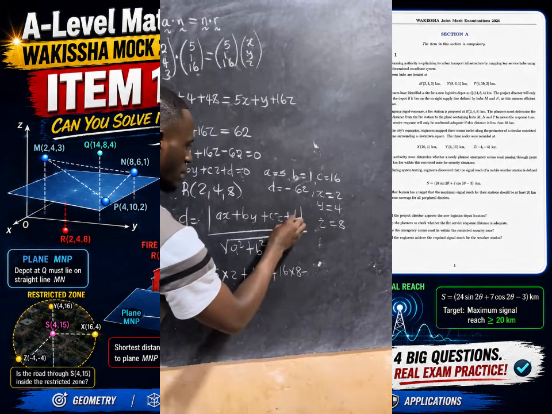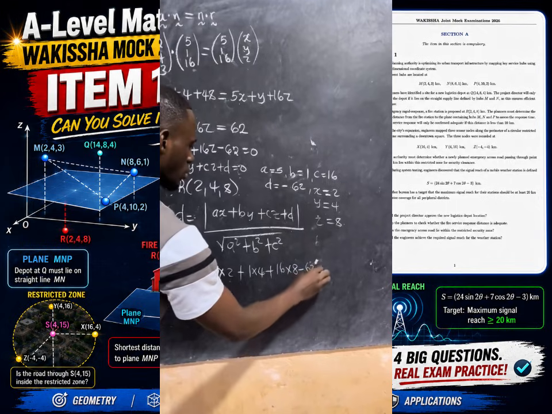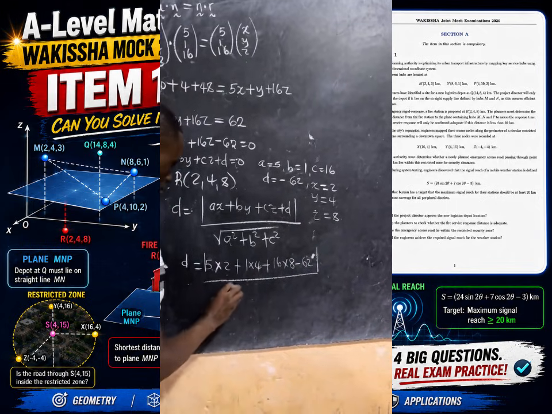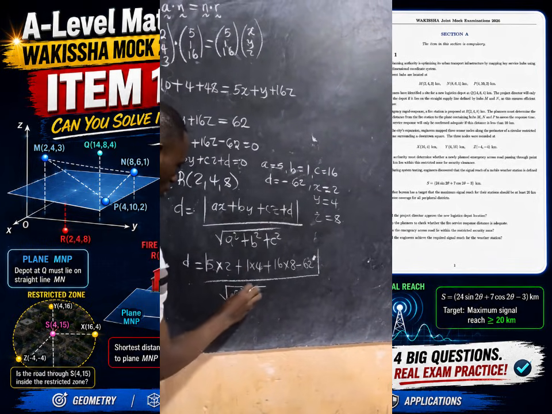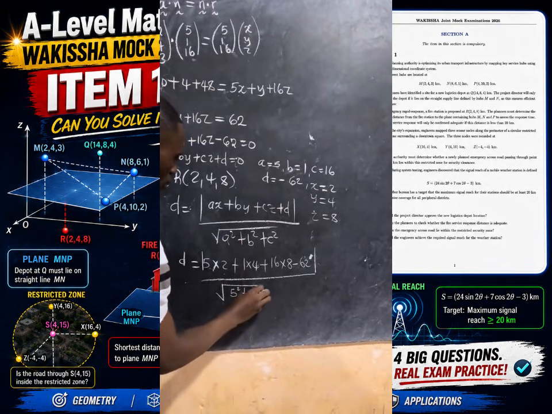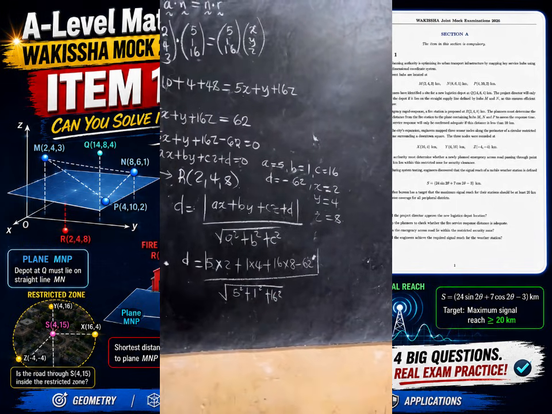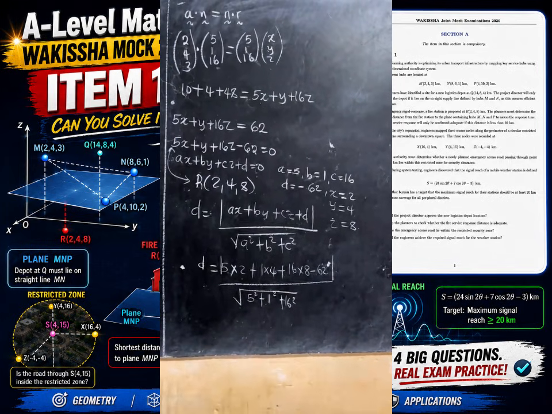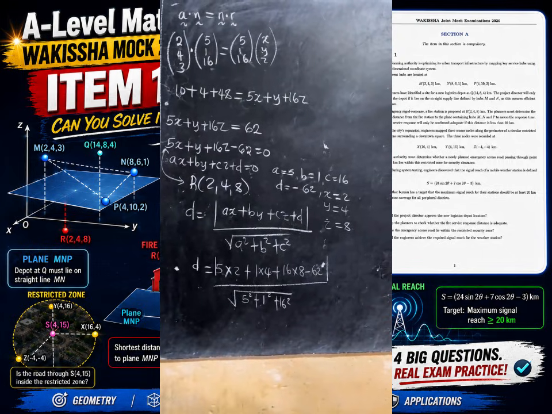Then this is a minus, so this is going to be taken as minus 62. So all of this is over the root of 5 squared plus 1 squared plus 16 squared.